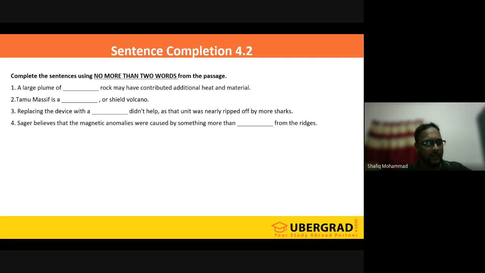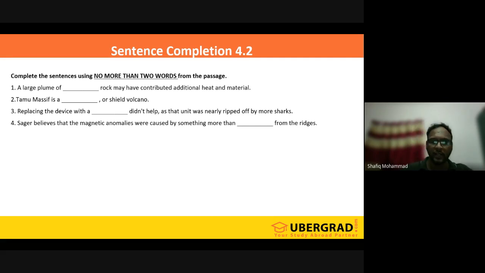Okay, DSP Reddy, correct. Okay, guys. So the answer for the first one is definitely hot mantle. Second is rounded dome towards, and third one is spare, correct. And the last one is simply eruptions. It's not simple; one or two people have given it as simple eruptions.